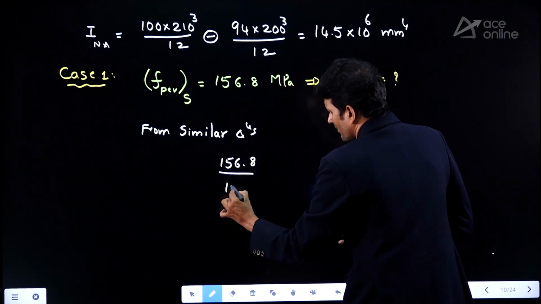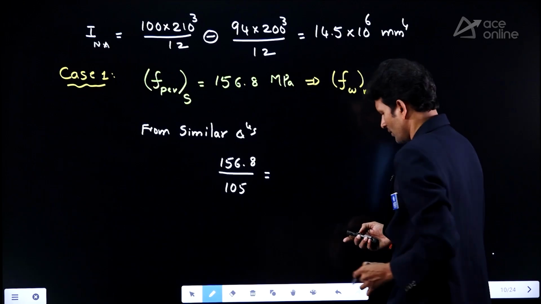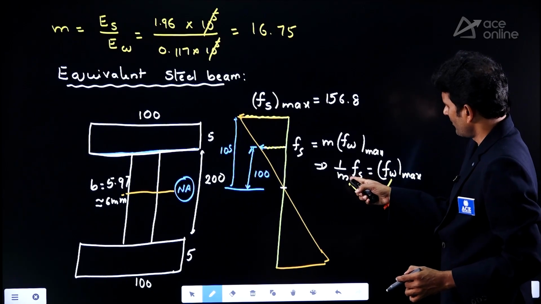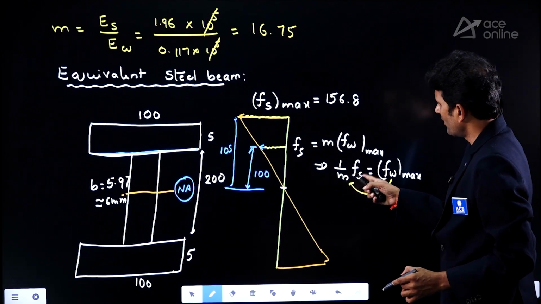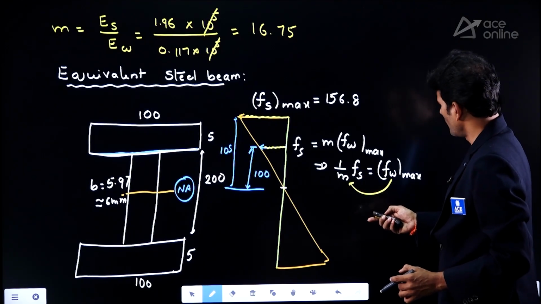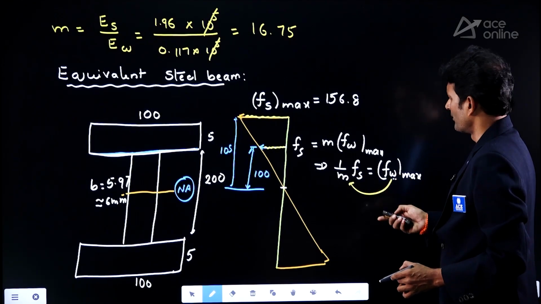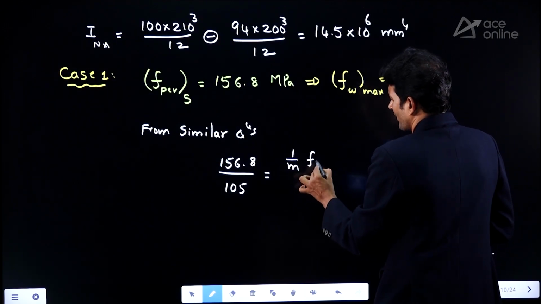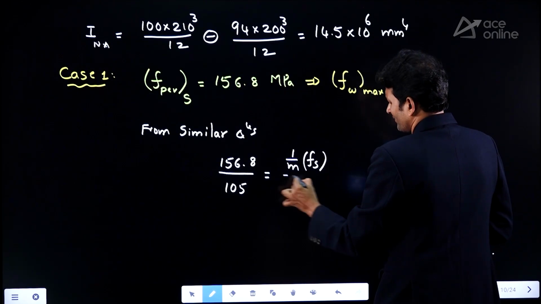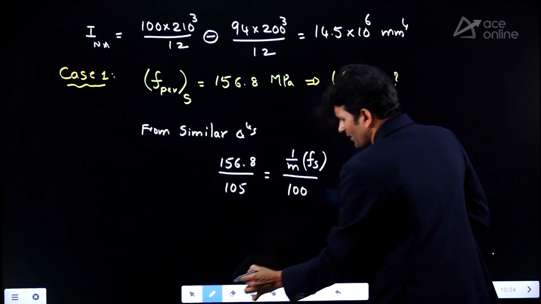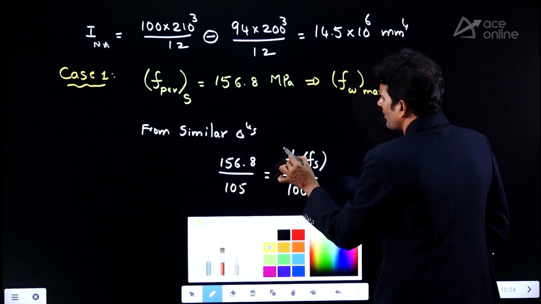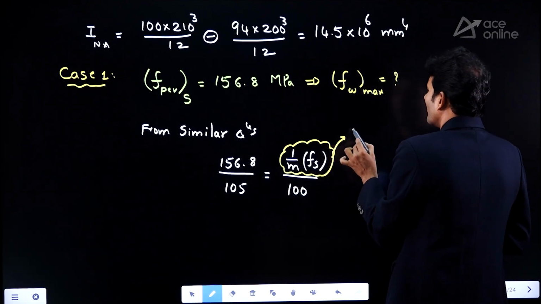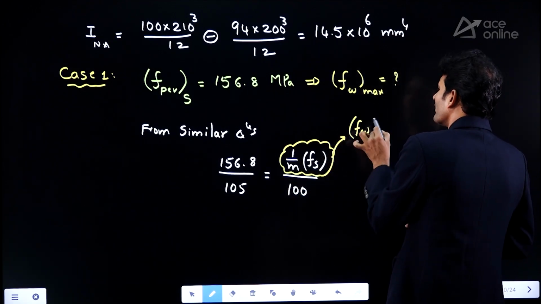Then you can take this one. I am taking 1 by m Fs. Directly I am getting Fw max, 1 divided by m Fs. This term is nothing but the maximum stress developed in the wooden part with respect to this value.